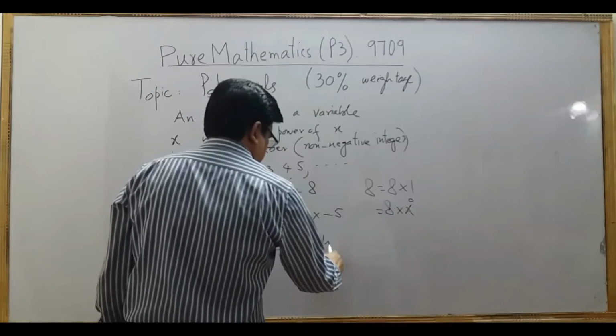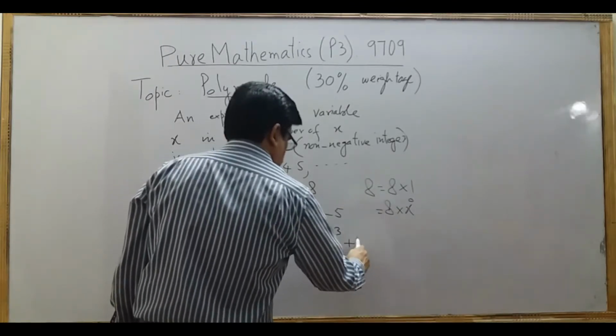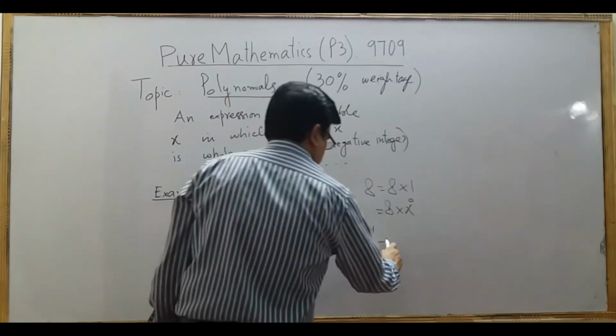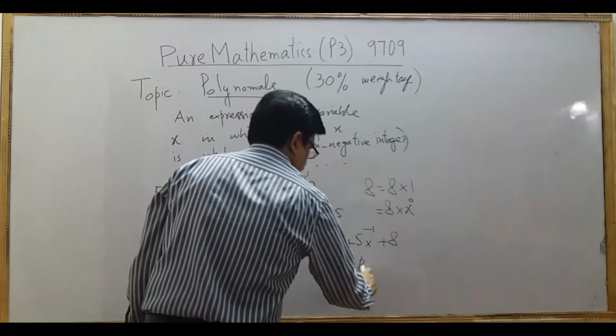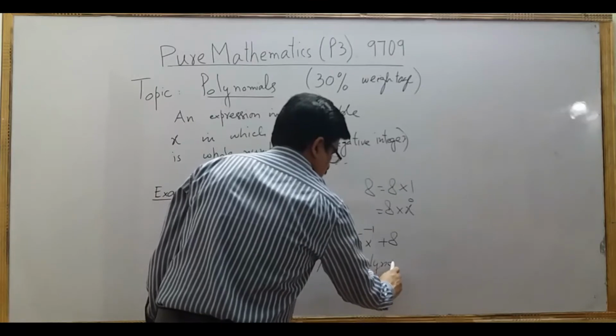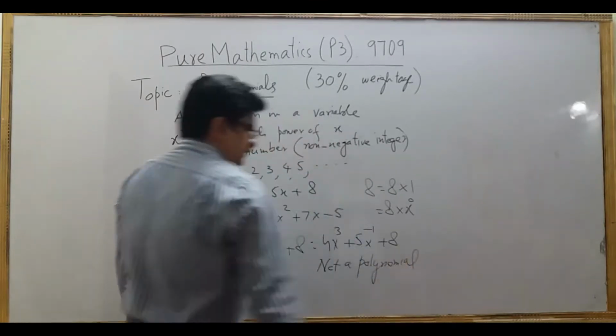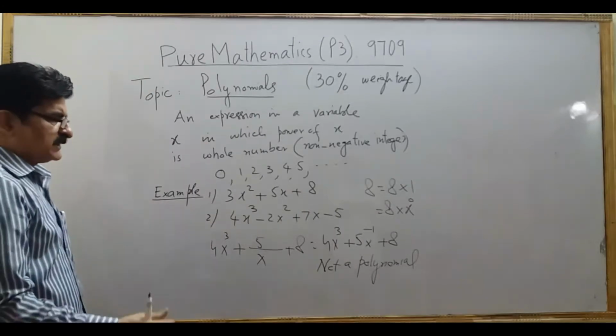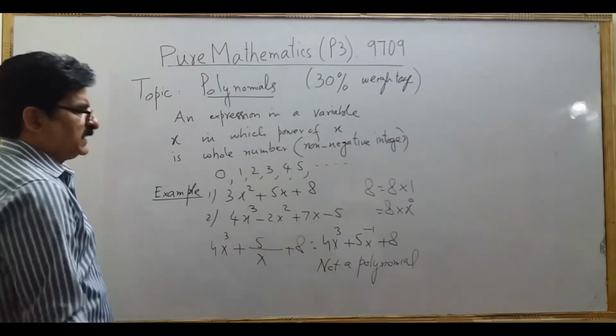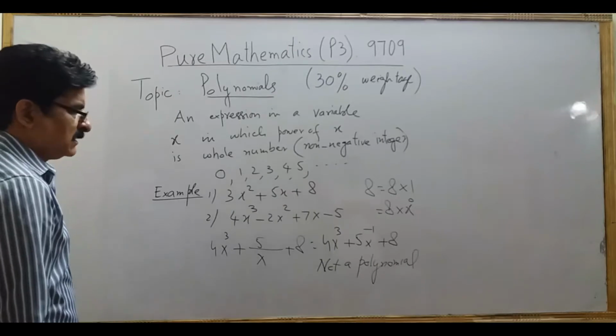I can write this as 4x cube plus 5x minus 1 plus 8. So this is not a polynomial. Similarly, any function involving trigonometric function, sine, cos or log or exponential function will not be polynomial.